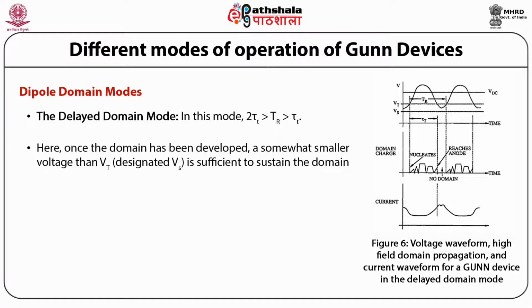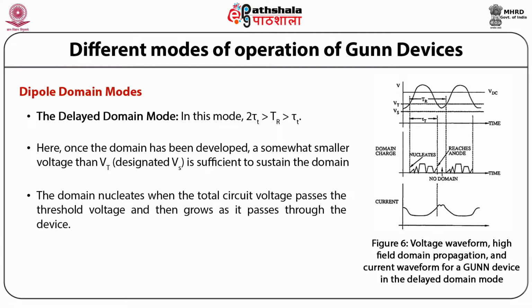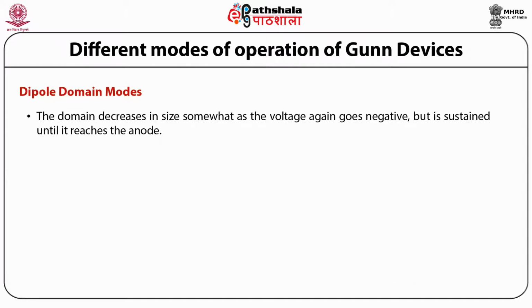Here, once the domain has been developed, a somewhat smaller voltage than Vt is sufficient to sustain the domain. The domain nucleates when the total circuit voltage passes the threshold voltage and then grows as it passes through the device.